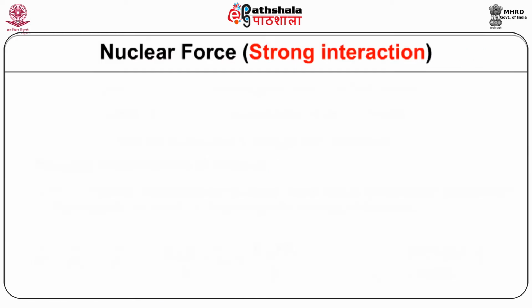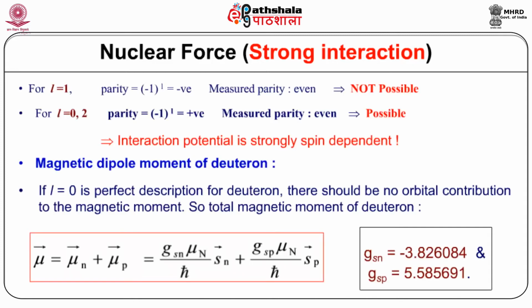Nuclear force, strong interaction. We are discussing the case of the neutron. For L = 1, where L is the orbital quantum number, parity is (-1)^L, which is negative. Measured parity is even, so not possible. For L = 0 and 2, parity (-1)^L is positive.